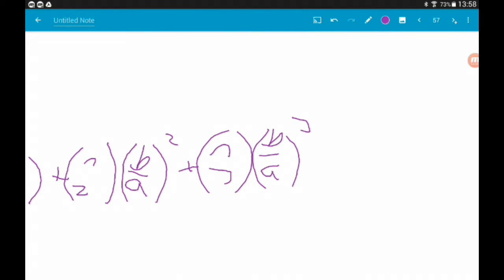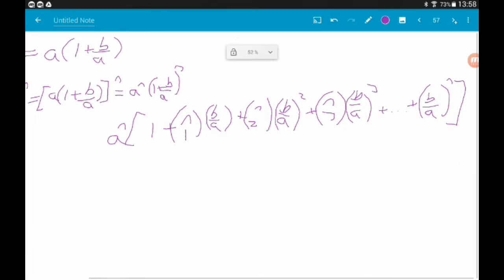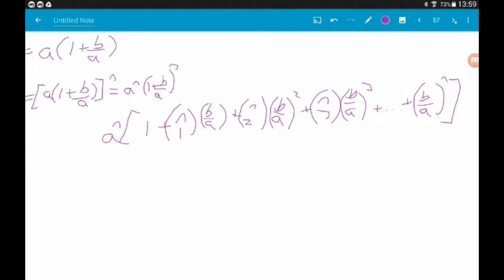Now this is just going to carry on all the way up to plus 1 lot of B over A all to the power of n. But remember, everything inside of those big square brackets are now being multiplied by A to the power of n. So, this might look a little bit scary when it's fully algebraic, but it does actually make things a little bit simpler for some questions, as we'll see now.